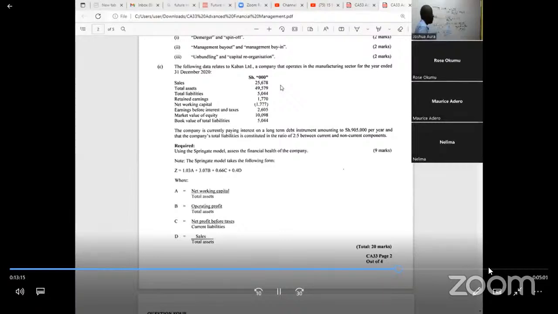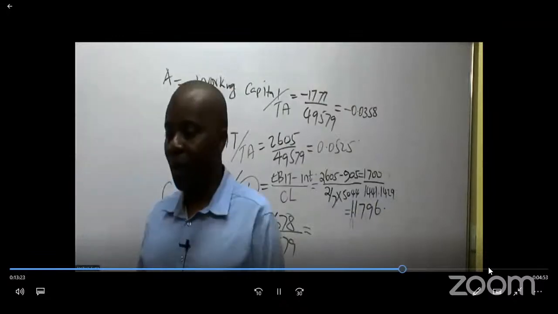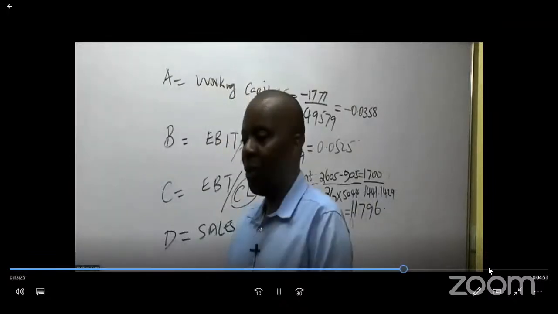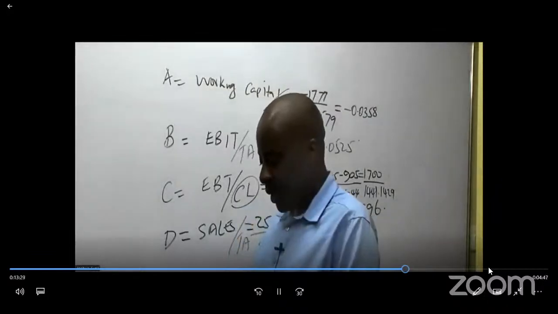49,579. So in 4 decimal places here, this will end up giving me what figure? Is there somebody who can help me tonight?